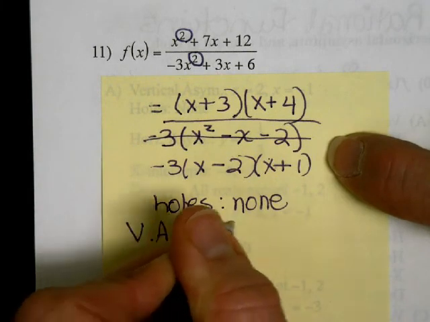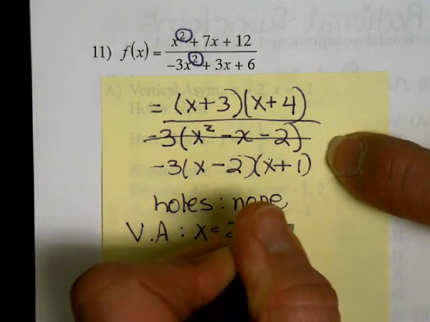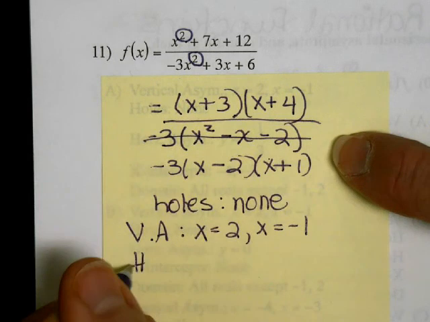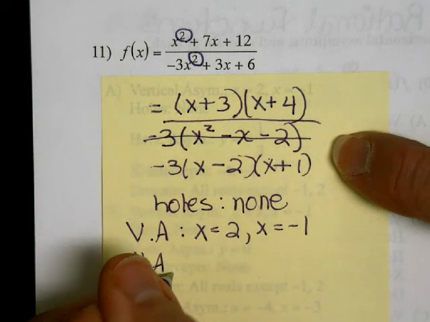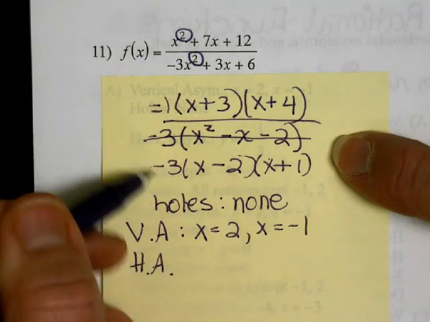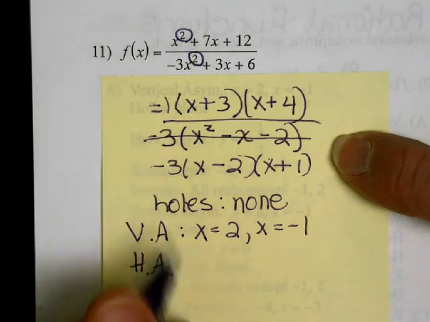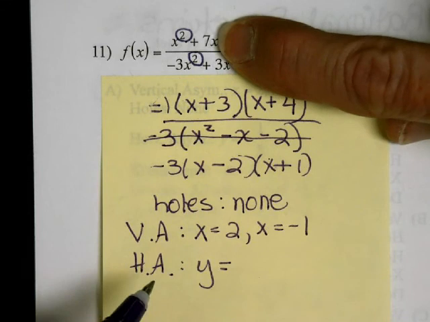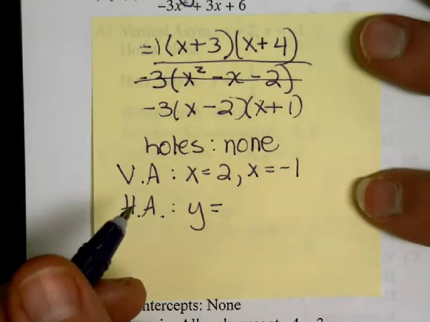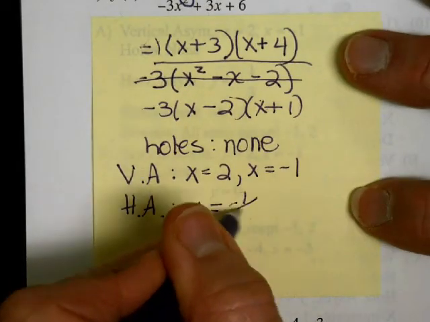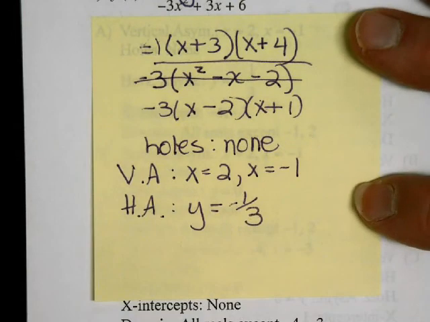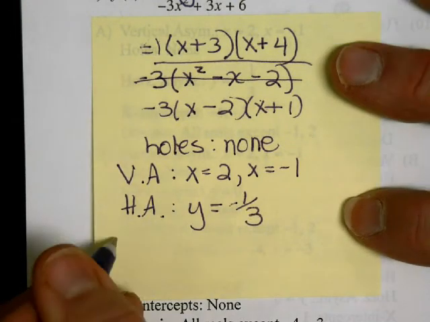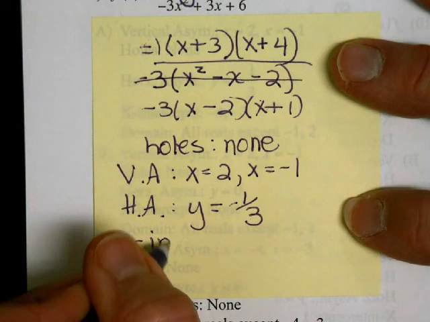Then vertical asymptotes come from the denominator. Horizontal asymptote, I'm allowed to take the fraction in front here, -1/3, because they had the same power. That's why.